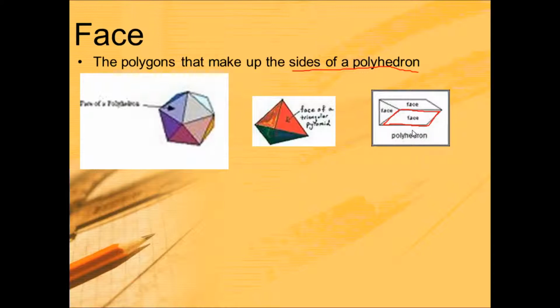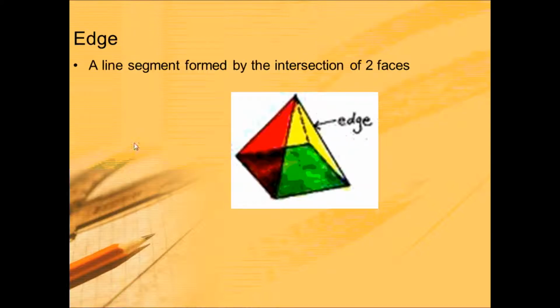Okay, I know it looks like a parallelogram, but if we would stand it up, then you would see the rectangle. It doesn't always have to be triangles. For example, if I drew a cube, okay, my faces are now squares. Okay, these are all faces, and of course I have bottom pieces and sides you can't see because I'm not that good of a drawer. There you go. Alright, so those are the faces.